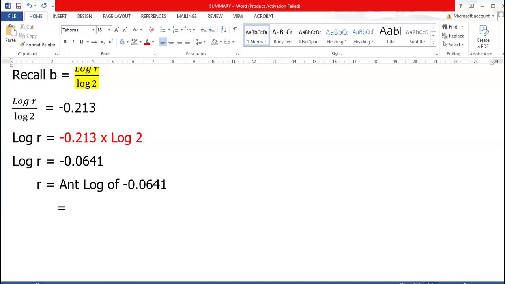It is shift then log. Then write that figure. Shift log, then write that figure, 0.0641. You get what?